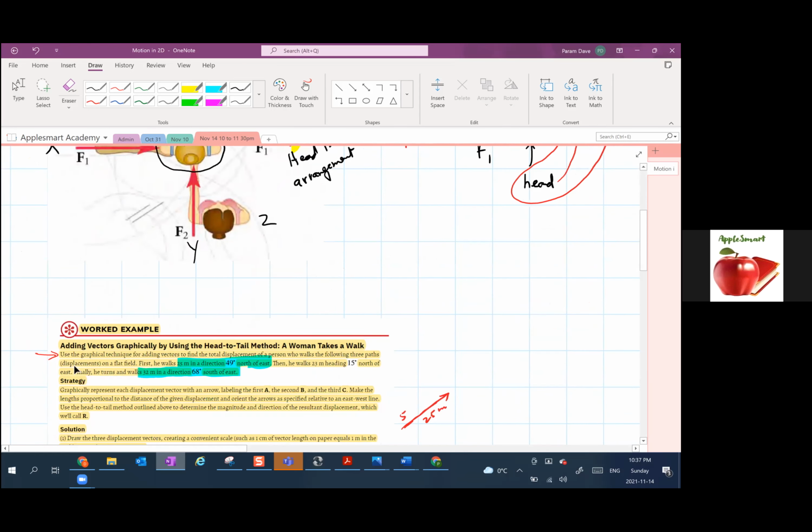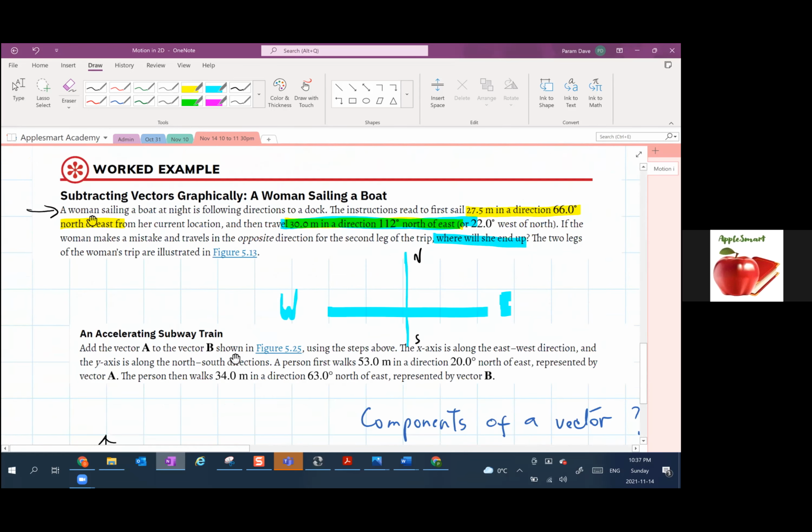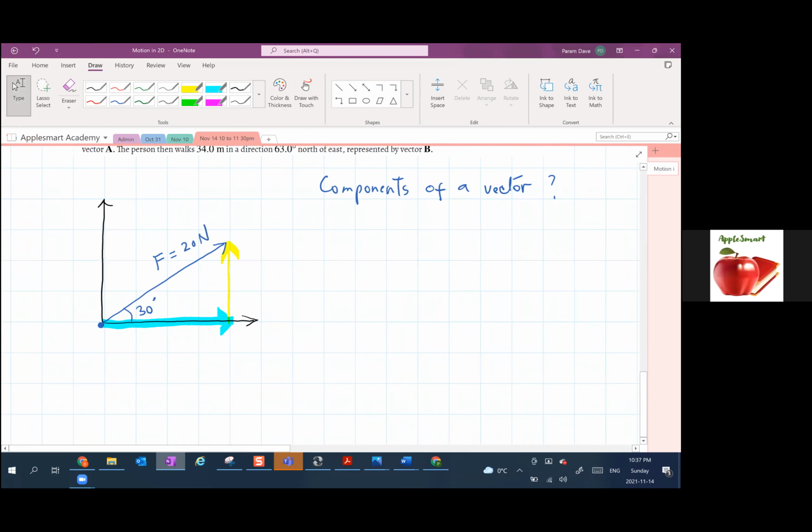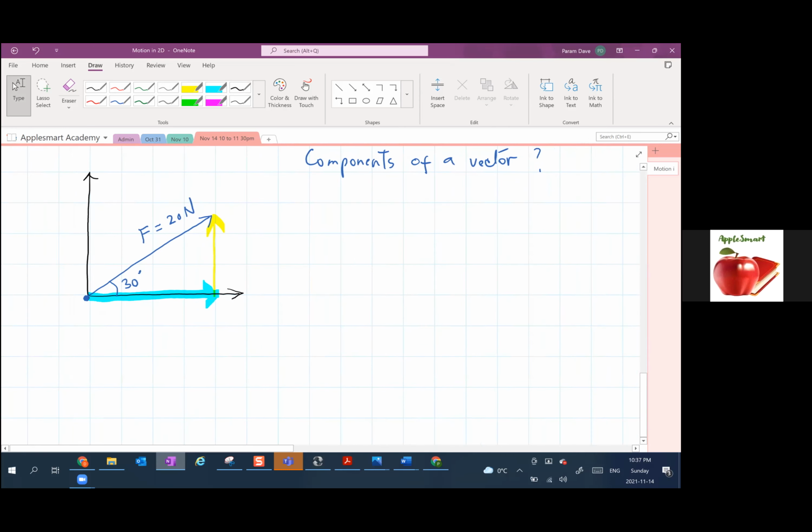That's what we're doing over here. I'm interested in finding out how big the rightward pull is. That rightward pull is called the x part of the vector F, Fx, because it's along the x-axis.